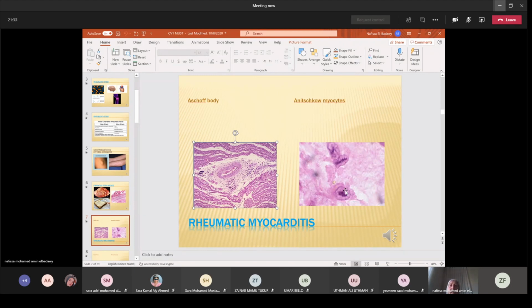So we have the Aschoff giant cell and the anitschkow myocyte, which is a degenerated myocyte. And these are present around the blood vessels, in the connective tissue in between the myocardial bundles.